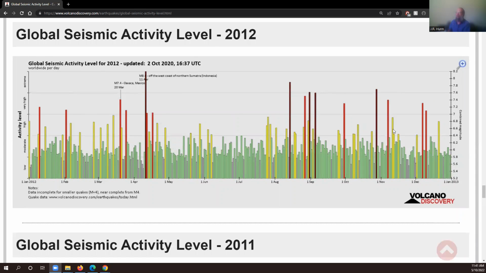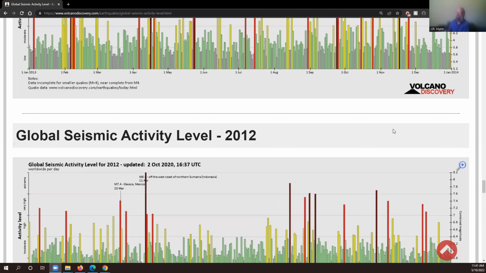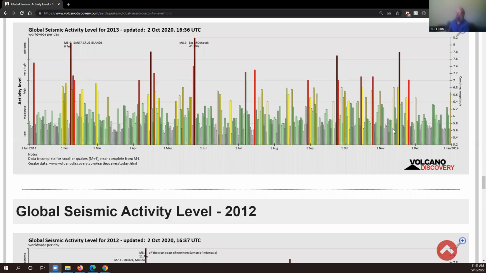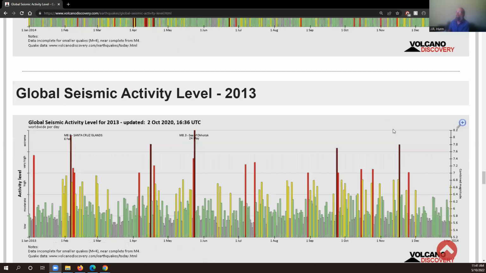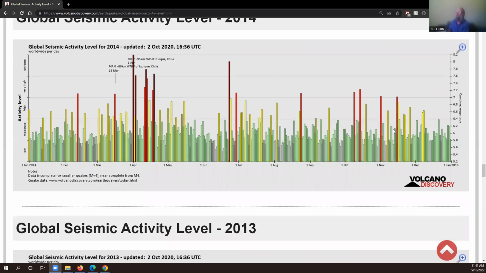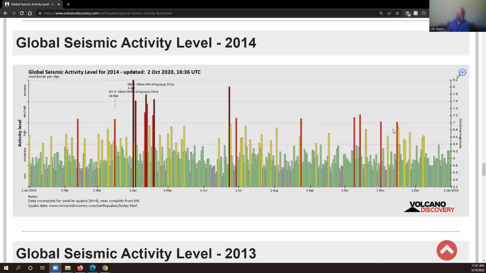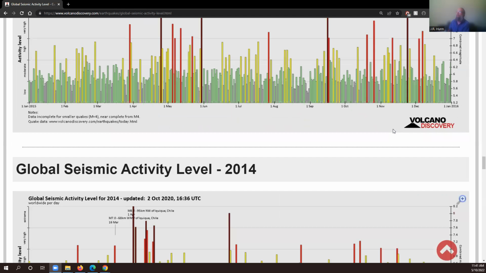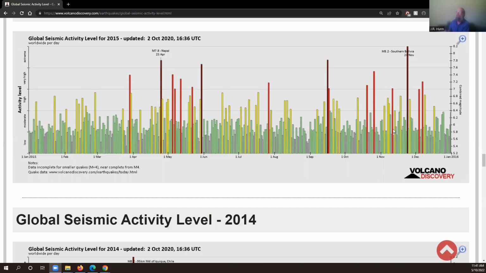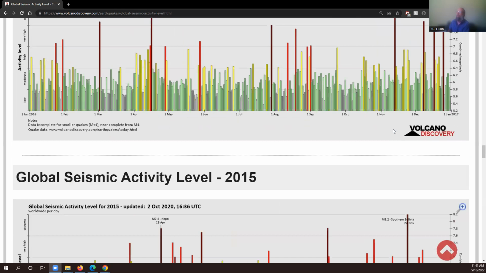If our average is 5.8 or 6 on a typical day, here we have 6.9, 6.7. This year, it's a couple days later, on the 13th or so, there's a 7. This year, a 7 or 7.1, just over a 7.